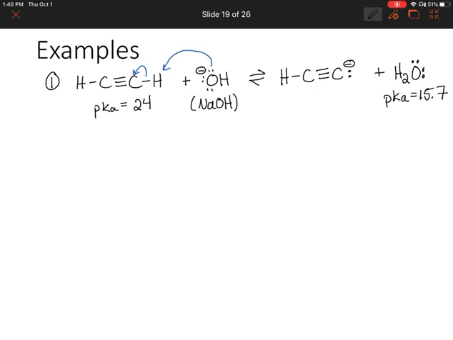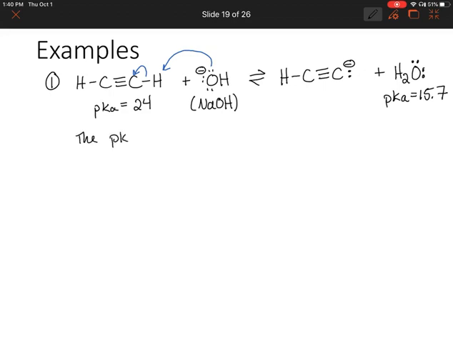Okay, so if our pKa of the conjugate acid is smaller than our original acid, is hydroxide a good base for this reaction? No, so hydroxide would not deprotonate acetylene very well.